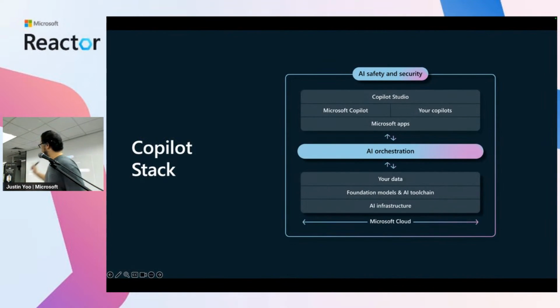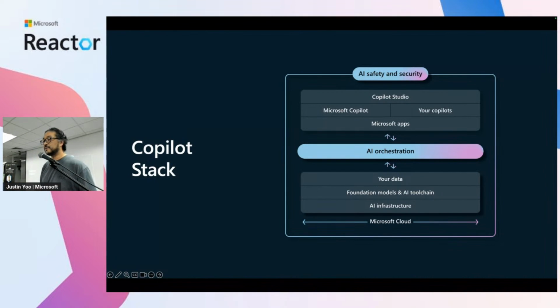I'm pretty sure that you have probably seen this picture before. This is our end-to-end Copilot stack for every single organization that spans their infrastructure, the foundation models, data, tool chains, and of course the Copilot itself. Today I'm going to build from the bottom to the top.